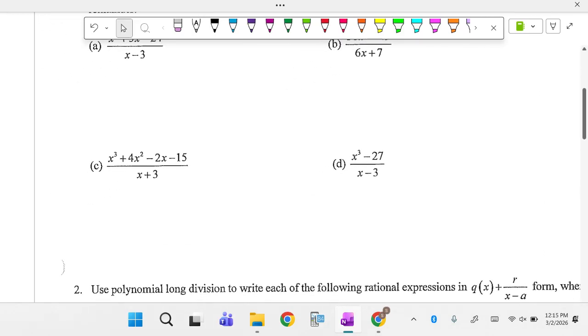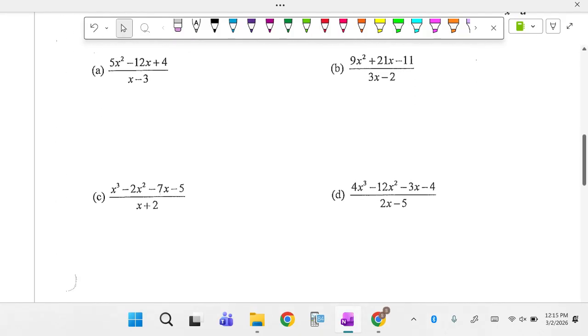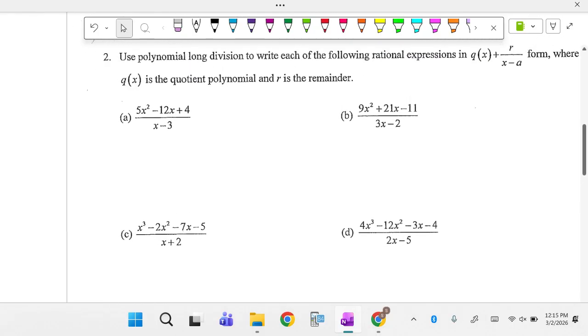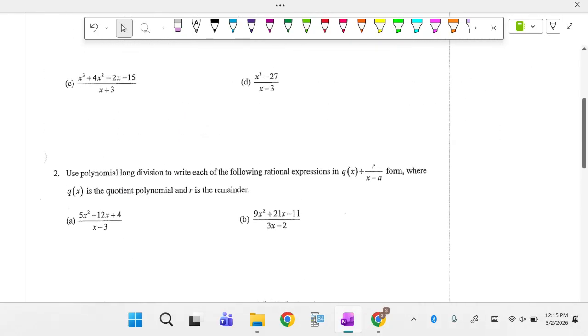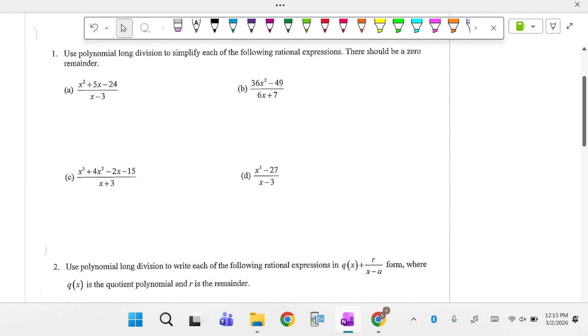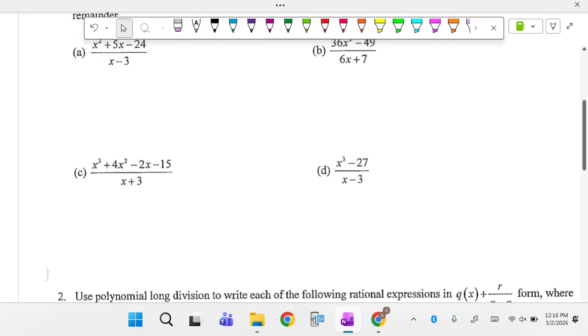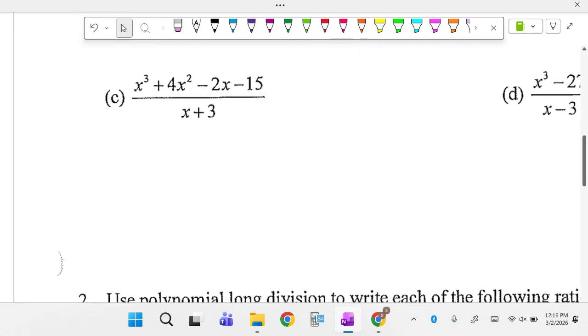I want you guys to try number 1 on page 7, letter C on your own. So try letter C on your own.